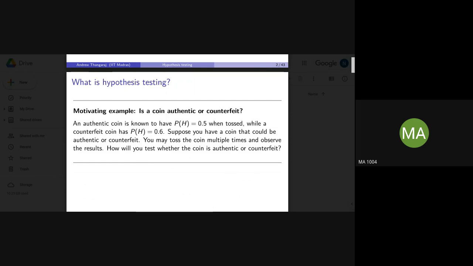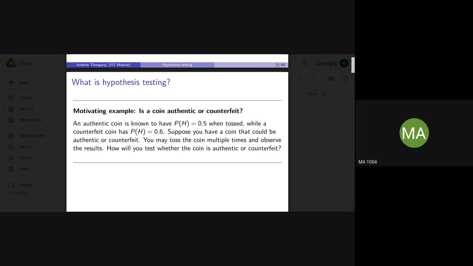So you have a coin and you want to check whether it is authentic or counterfeit, whether the probability of getting a head is 0.5 or something else. If the coin is authentic, the probability of head when tossed should be 0.5, and if it is counterfeit, let's take it as 0.6.